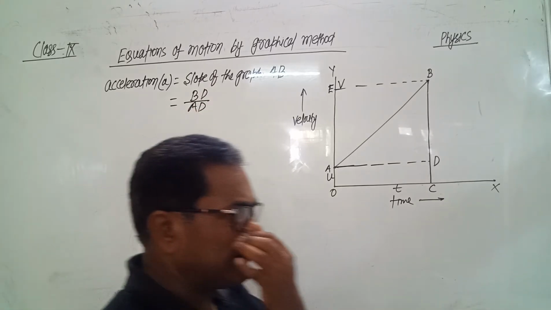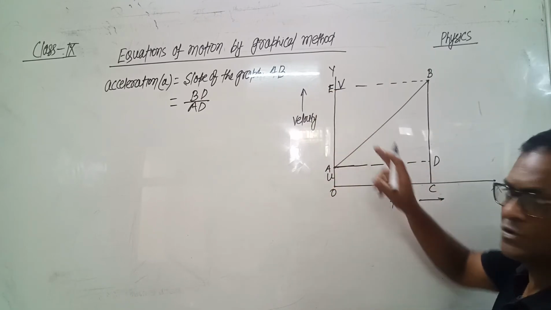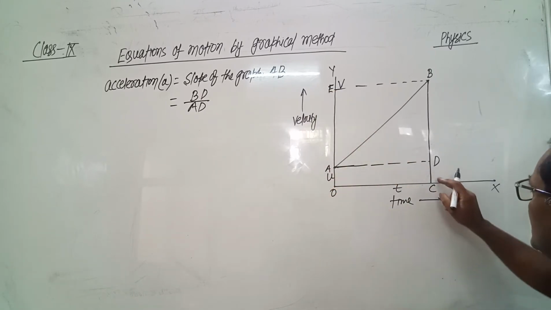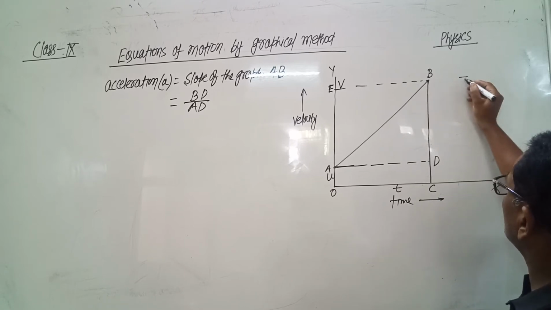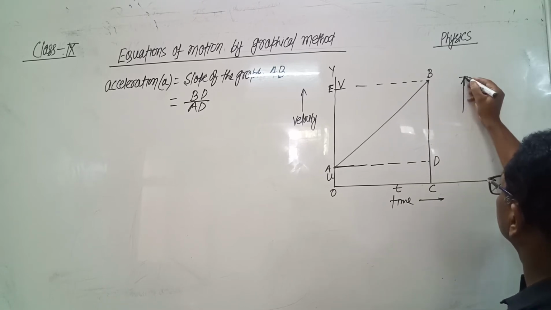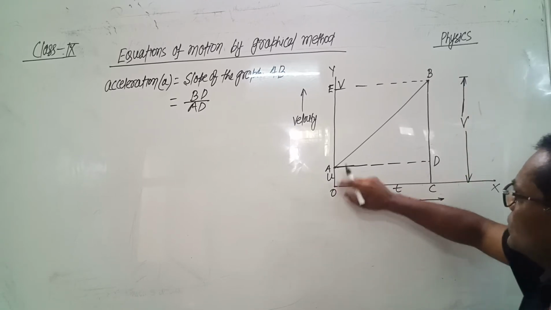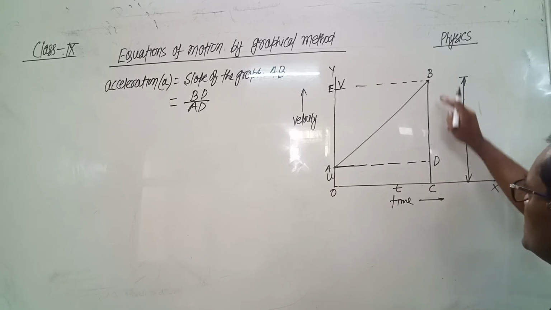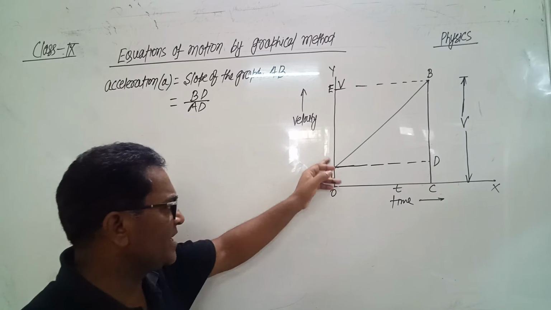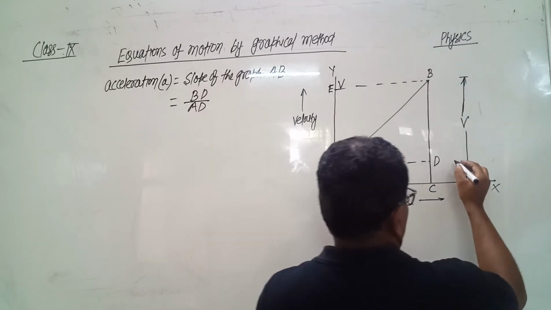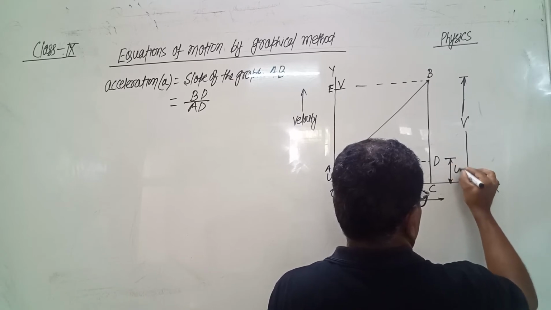Now we will find the value of BD. Since OE equals v, CD is also equal to v, because OE is equal and parallel to CD. Since OA is u, CD will be u.